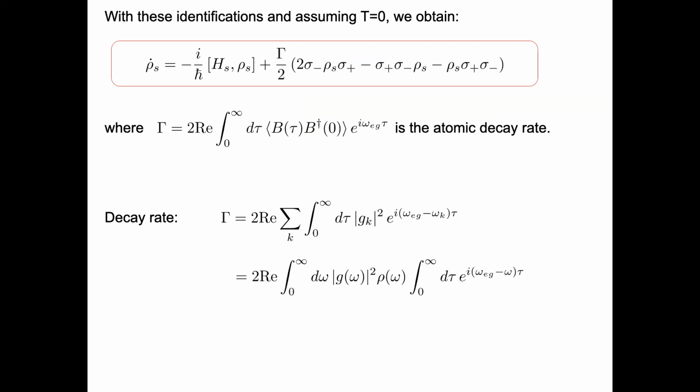This gives you the density of states, g of omega squared, times a delta function. With the correct normalization this gives pi times the delta function, and everything else reduces exactly to this form: 2 pi coupling at the atomic frequency squared times rho, the density of states at the atomic frequency. You realize this is exactly the same rate as you got from the Wigner-Weisskopf theory. So of course, they are consistent.